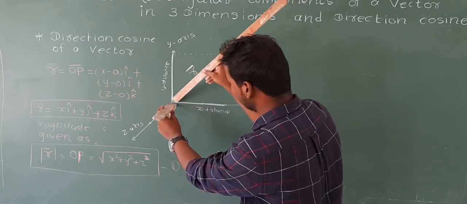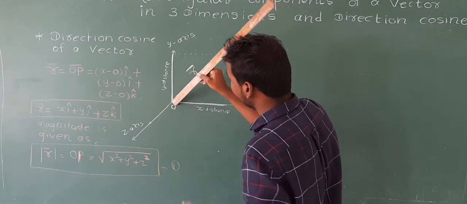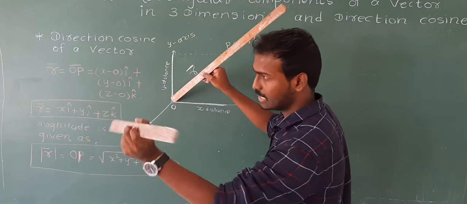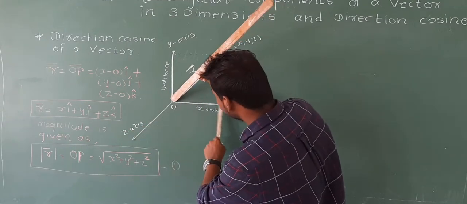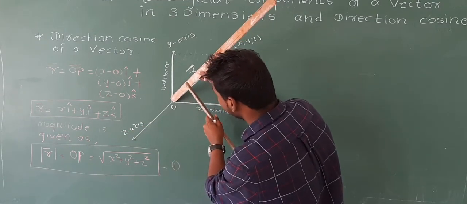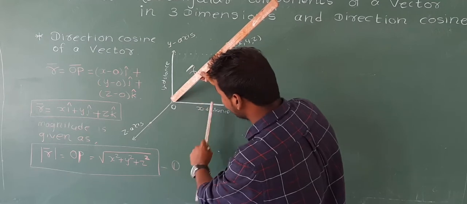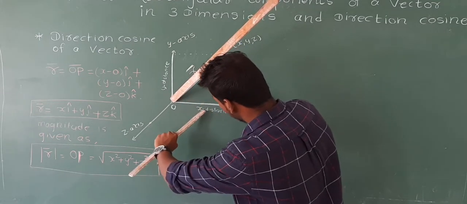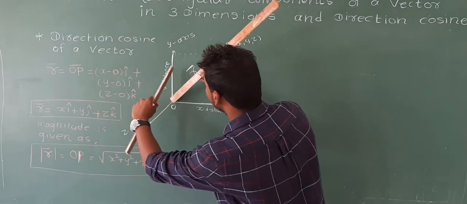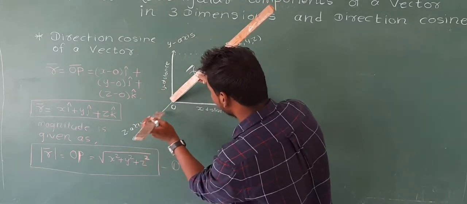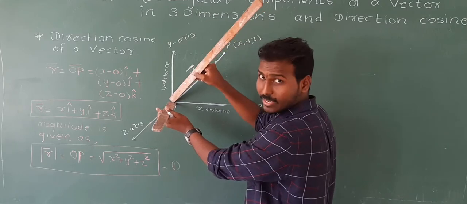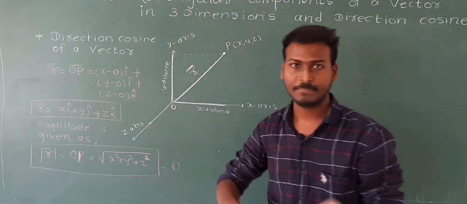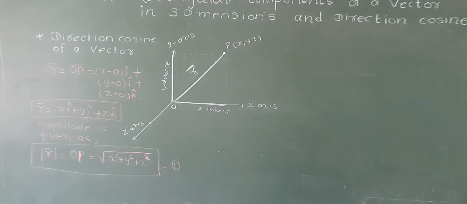So the actual vector is like this. With the x axis, this vector creates some angle. Similarly, with the y axis there is one angle, and with the z axis there is also some angle. I hope you got it.